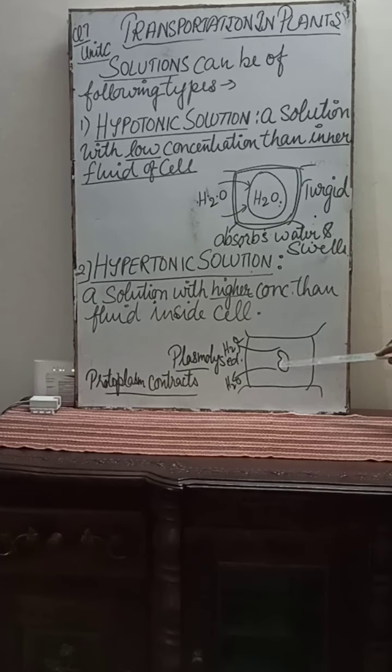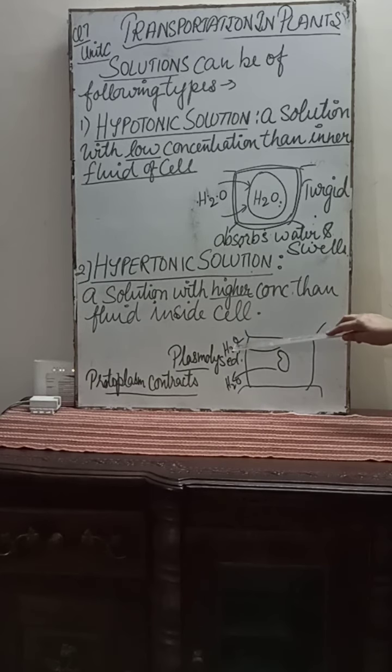So in that case, what happens? The cell will lose water and the cell will be plasmolysed. We call it plasmolysed as the protoplasm contracts in that case. The protoplasm shrinks. So the cell over here is shrunken in size.